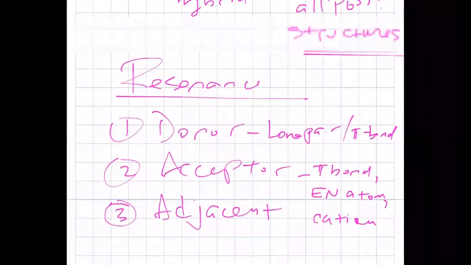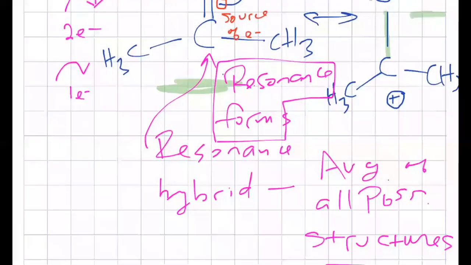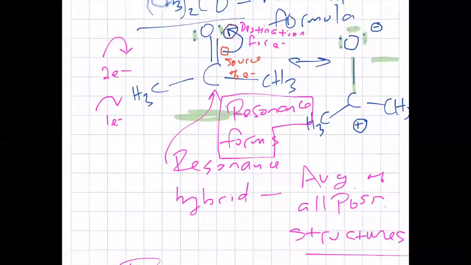How can I get back from the structure on the right, where everything is charged and unstable, to the other structure on the left? What would you do? If you wanted to put the pi bond back, draw an arrow from oxygen to the line. Yeah, so pick a pair of electrons on oxygen and put a curved arrow from there to here.